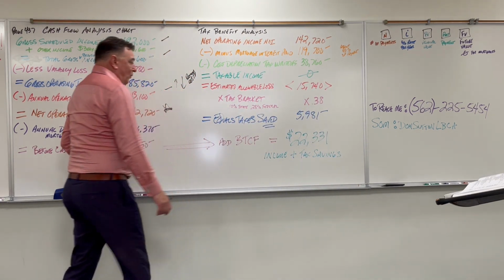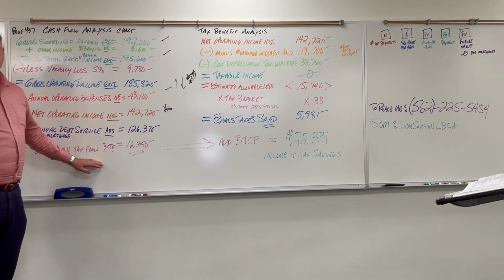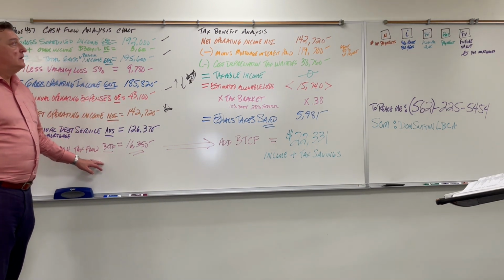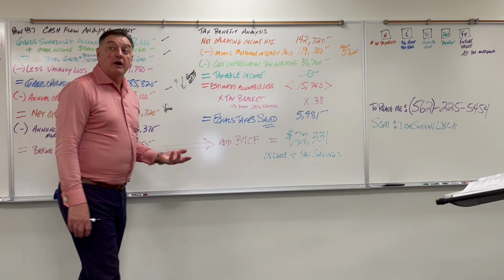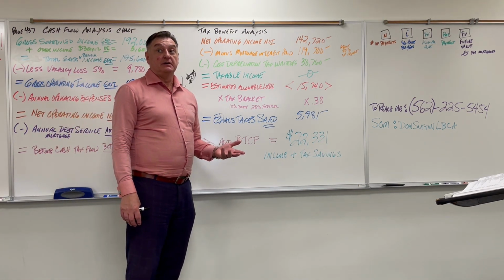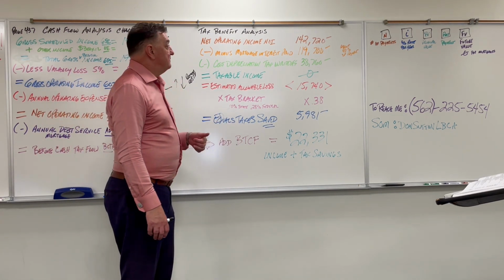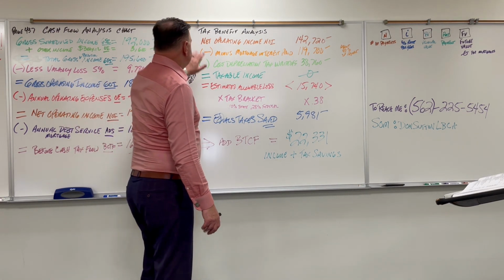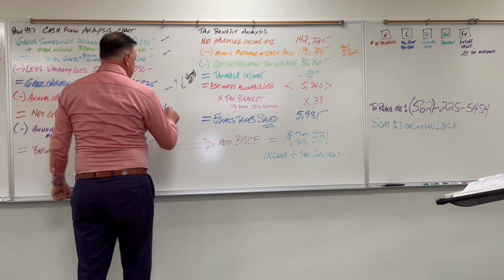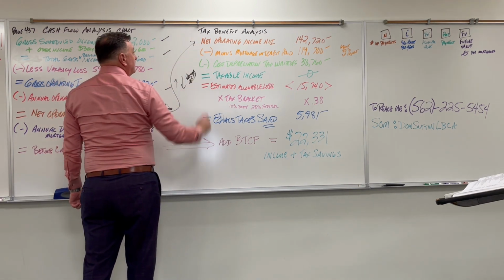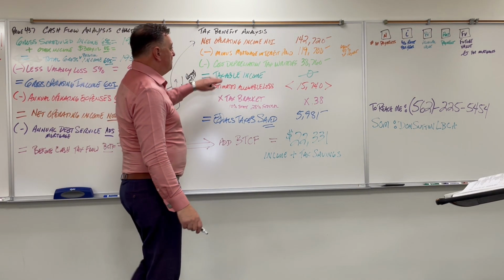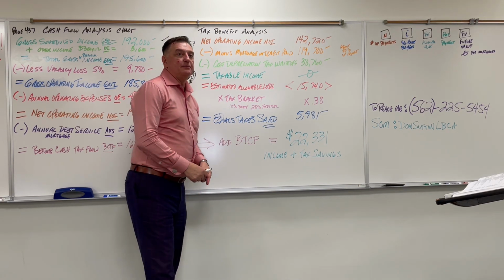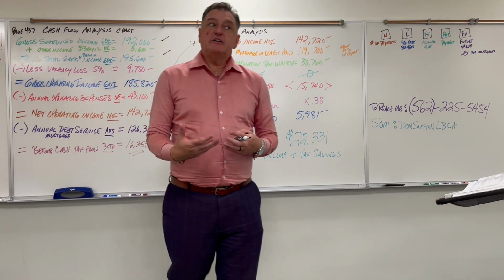Once we have this before tax cash flow, now we can figure out what our tax benefit is. If you look at the information on page 437, you take that net operating income and subtract the mortgage interest that is paid. Remember what we talked about earlier.